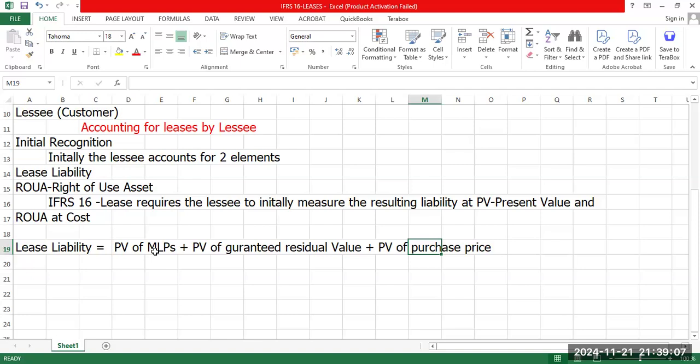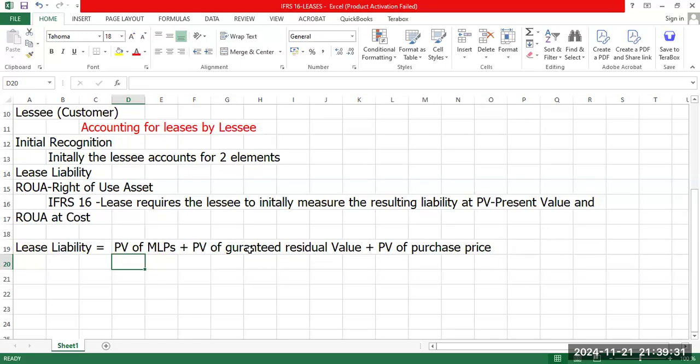You must be paying the lessor a certain amount of money. That is minimum lease payment. Okay, but as we get a liability, we look at its present value. Okay.